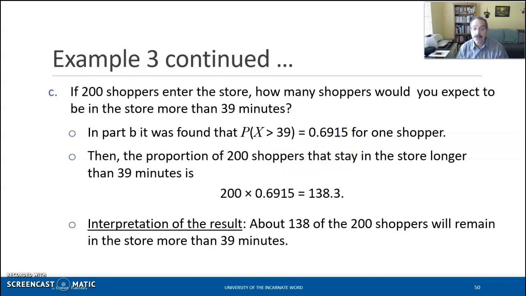So for 200 shoppers, we multiply 200 times that probability, and you see that 138.3 of the 200 shoppers will be in the store for more than 39 minutes. Once you find the result, you interpret it. So we will say that about 138 of the 200 shoppers will remain in the store more than 39 minutes.